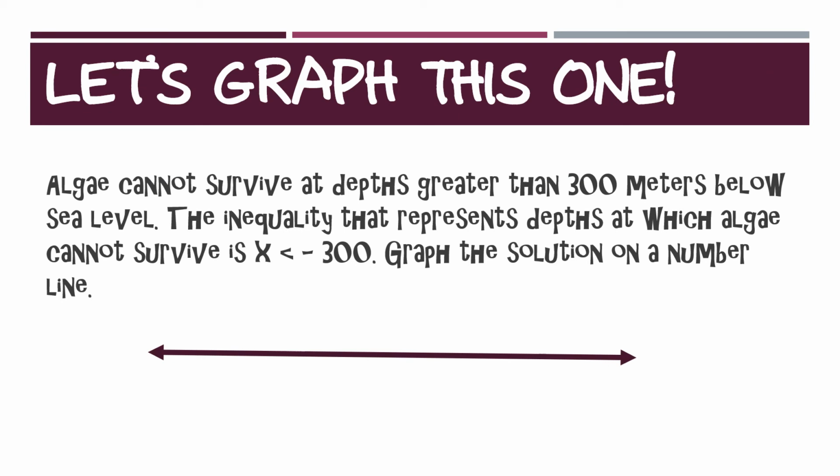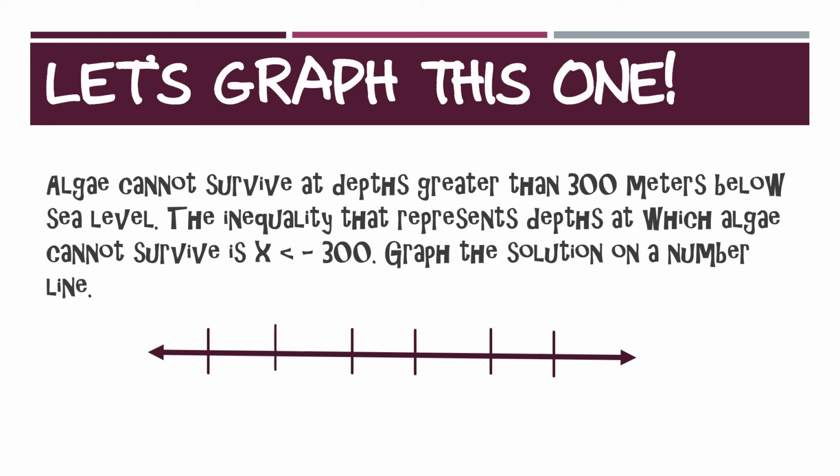Let's graph this one. Algae cannot survive at depths greater than 300 meters below sea level. The inequality that represents depths at which algae cannot survive is x less than negative 300. Graph the solution on a number line. First, we want to draw our number line. Let's put our tick marks.